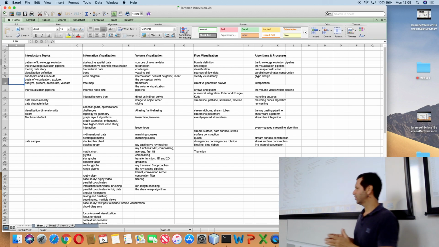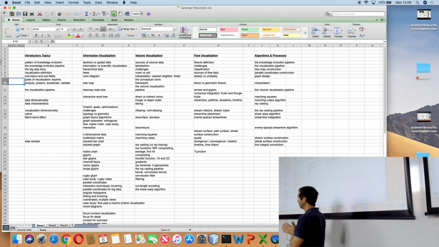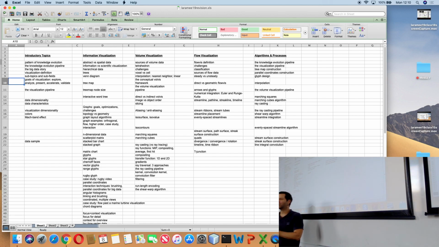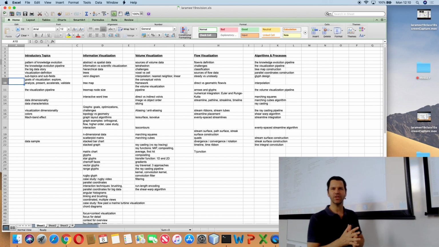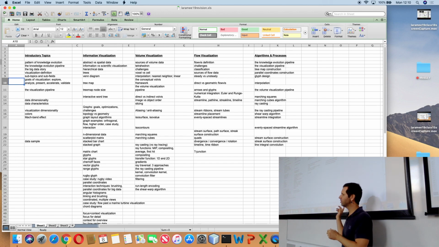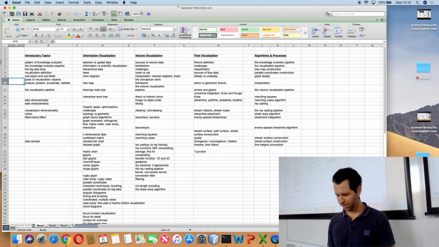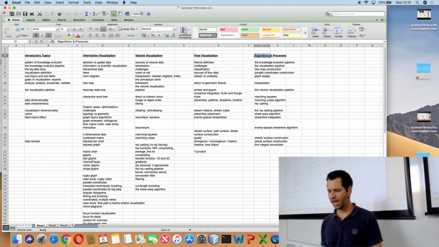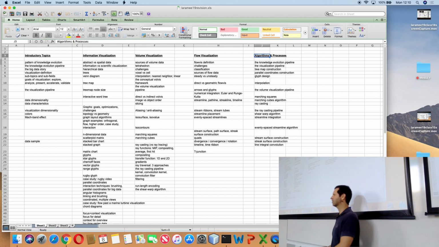But just for you, as a service, I put together a spreadsheet of all the important terms that you need to know for the exam. Here it is, and a copy is also on Blackboard. It's divided into different categories: introductory topics, information visualization, volume viz, flow visualization, and then a special column called algorithms and processes.